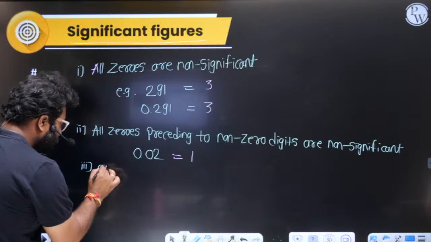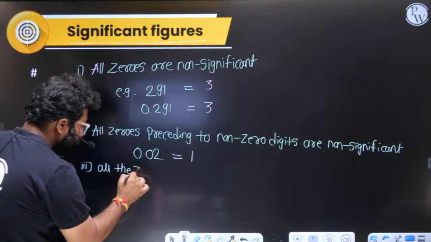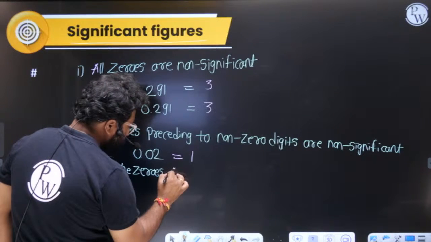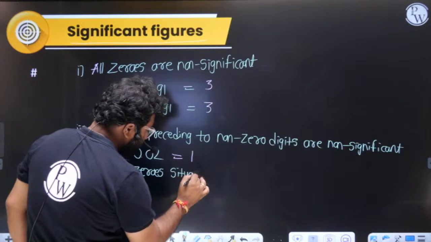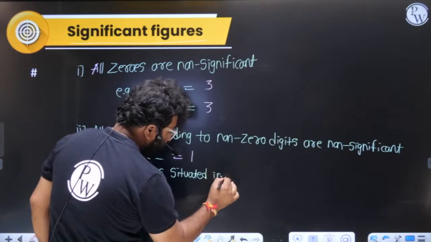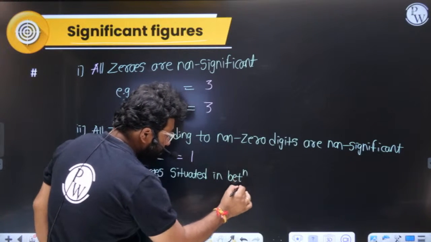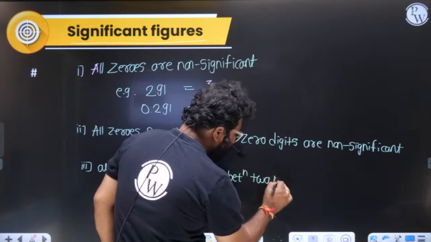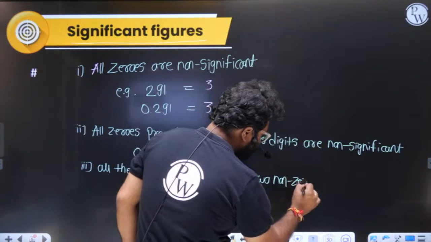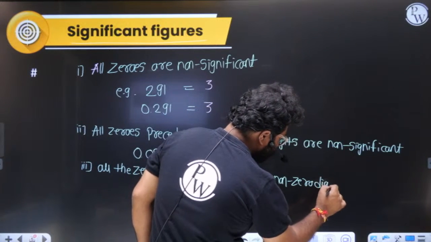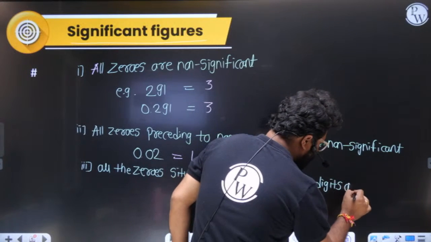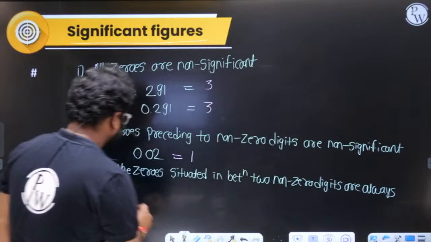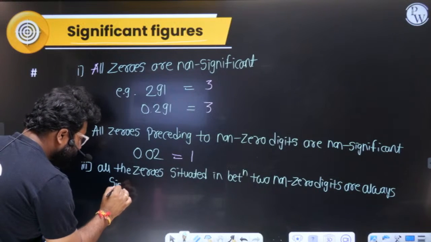So all the zeros situated in between two non-zero digits are always significant.